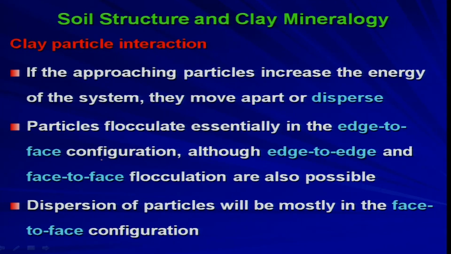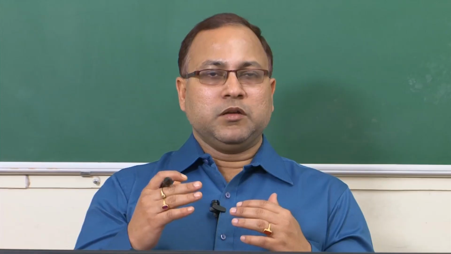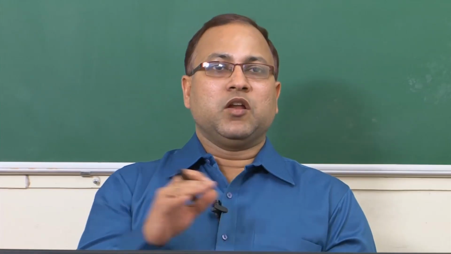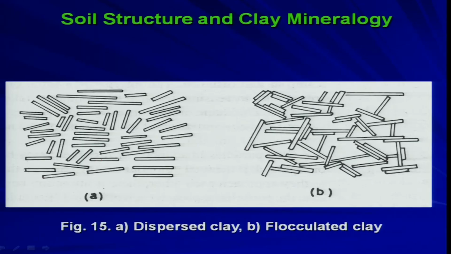So, when the soil particles get dispersed, the configuration will be face to face. That means all the particles will be parallel with respect to the face of the particles. Now, if you look at this figure, this is the dispersed structure where you can see the configuration is face to face.